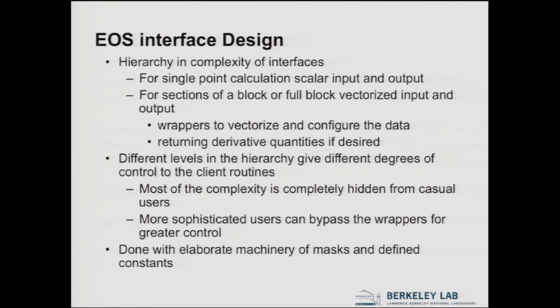And the last thing that we did was we abstracted out the knowledge of which data structure you're applying the equation of state to, because you might want to do it on cell-centered data or face-centered data or edge-centered data or none of those data, and you just want to provide a vector and you want to get an answer.